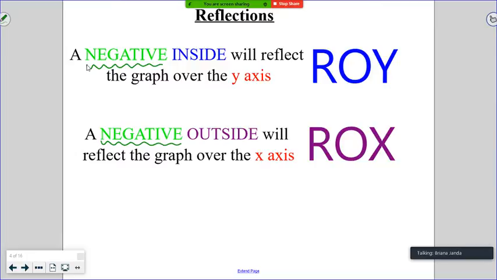And we will abbreviate that as ROY. You don't ever have to write out reflection over the y. If that negative is outside of our function, it will reflect our graph over the x-axis. We will abbreviate that ROX. You are also welcome to refer to them as like Rox and Roy.